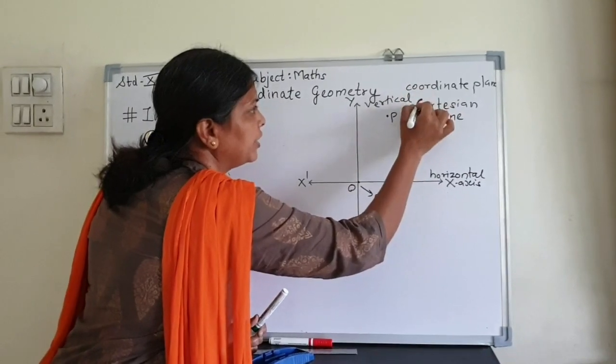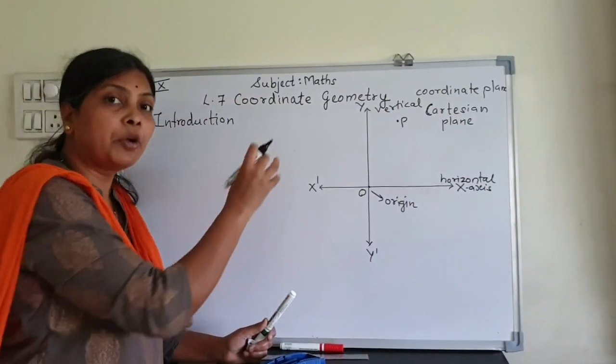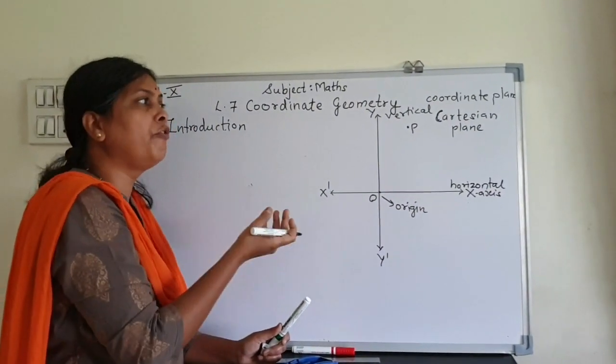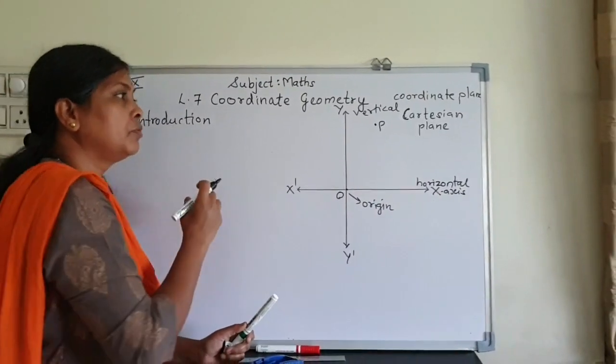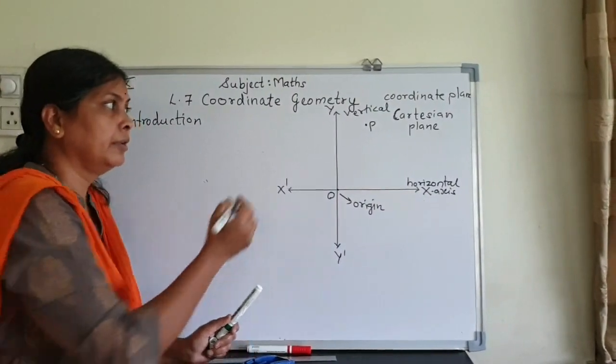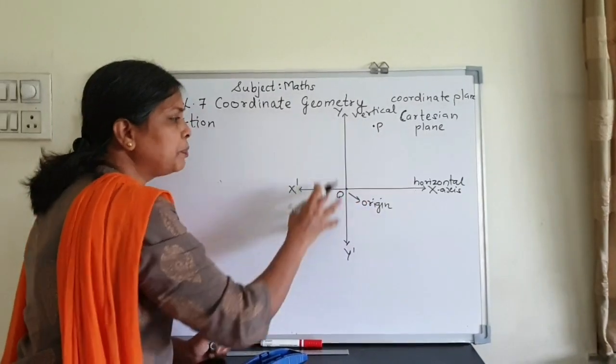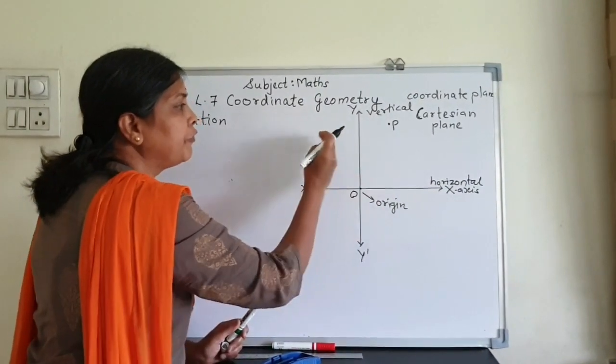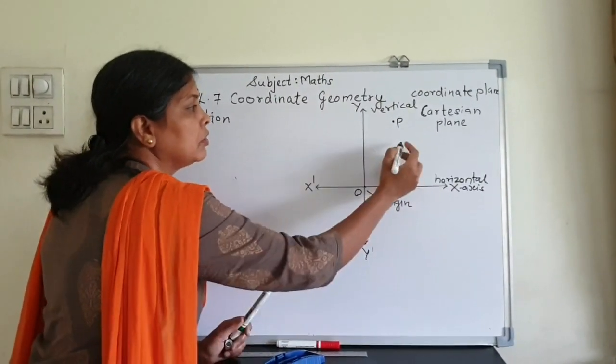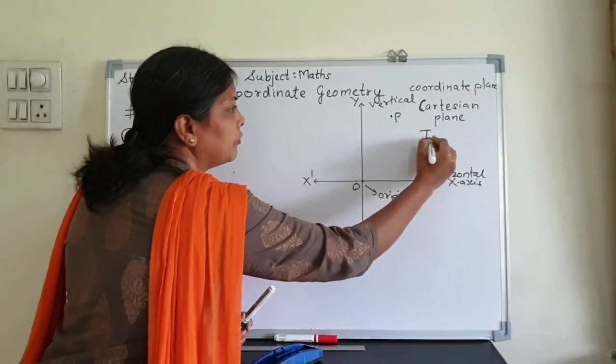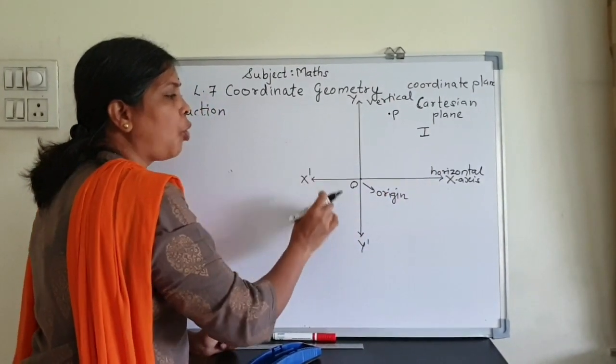You have learned everything in 9th standard, but we are going to revise it so that we can go further for the new topics in this lesson. Now, with this plane, we get 4 parts, and these 4 parts are known as quadrants.